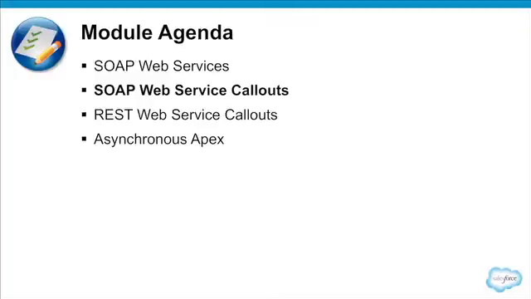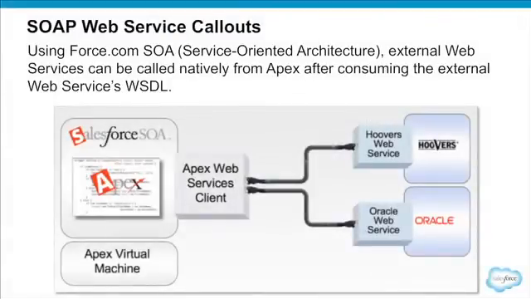So our next topic is doing a web service callout to a SOAP endpoint, so from Salesforce out to some other system. So here we have an example. We have Salesforce, so here's our Salesforce instance over there on the left-hand side.